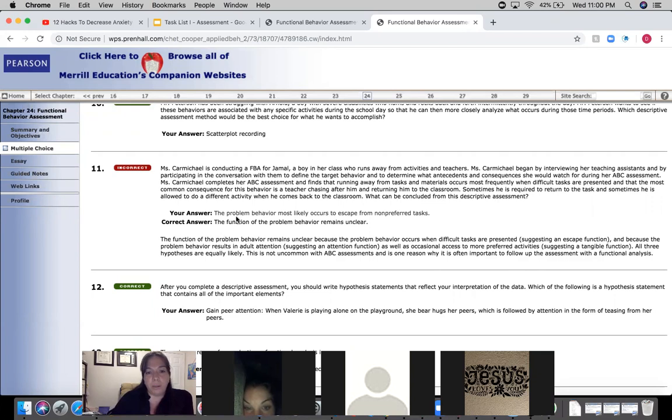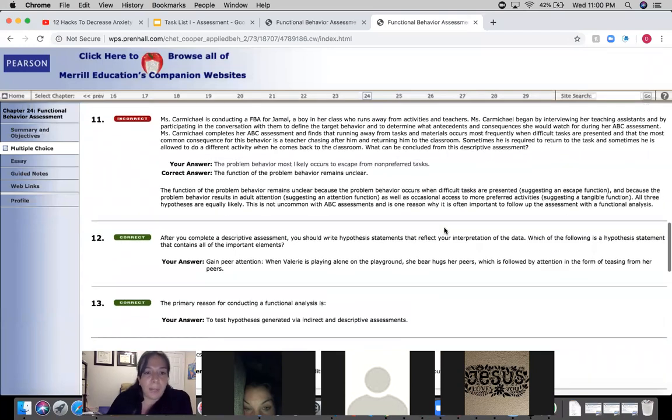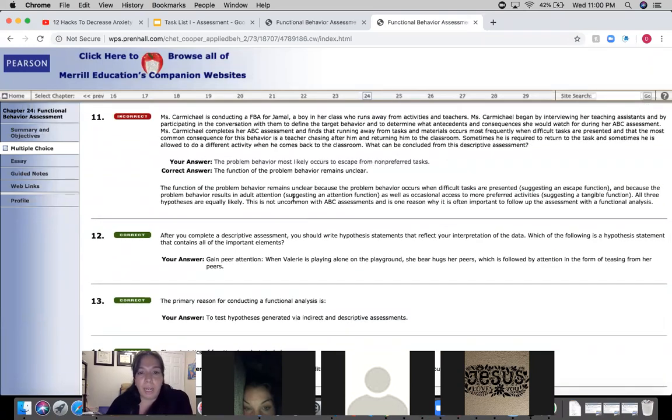So we put the problem behavior most likely occurs from escape and non-preferred tasks, and the correct answer was the function of the behavior remains unclear. The feedback is the function of the problem behavior remains unclear because the problem behavior occurs when difficult tasks are presented, suggesting an escape function.